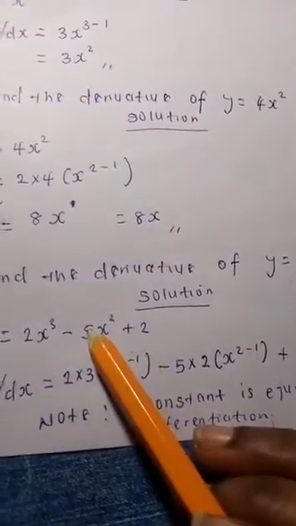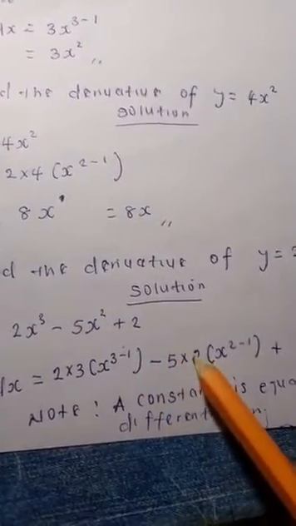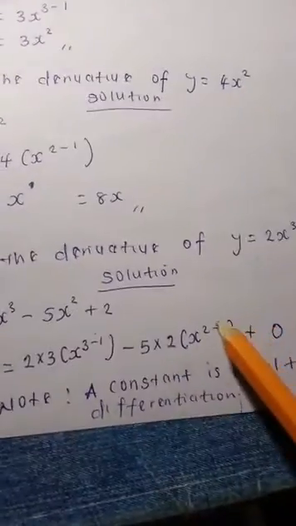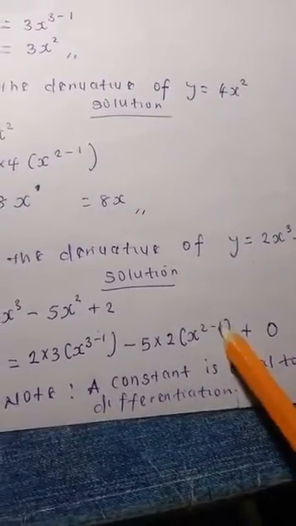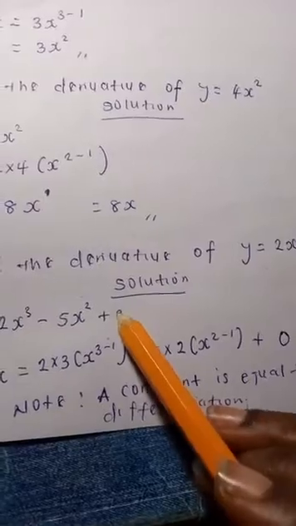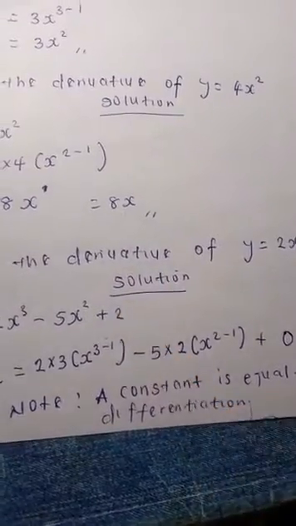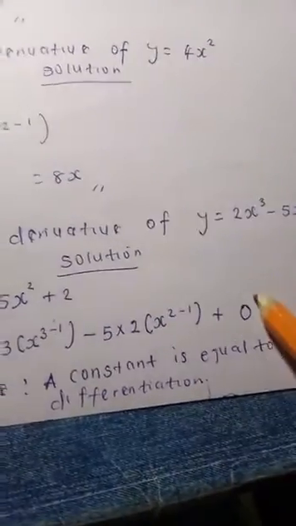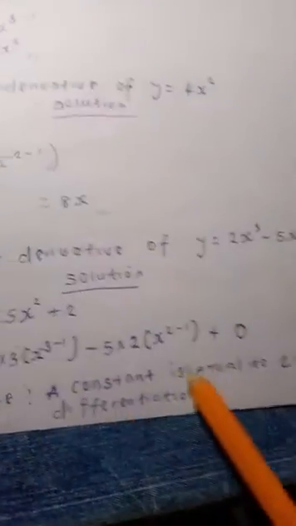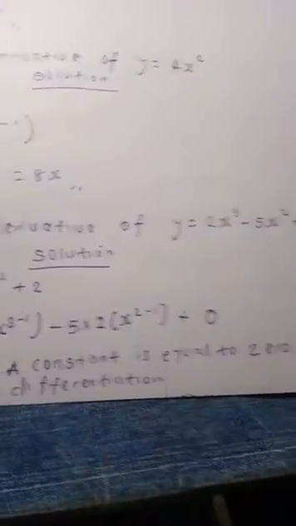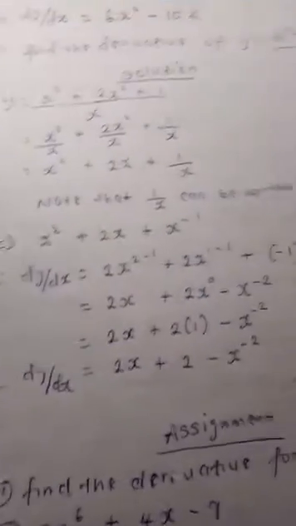Minus, this 2 will go down, that is minus 5 times 2, then 2 minus 1. Then plus 2, there is no x here. When you are differentiating a constant, the answer will be 0. No x, so we call it 0. So note, a constant is equal to 0 in differentiation. We've said it before.